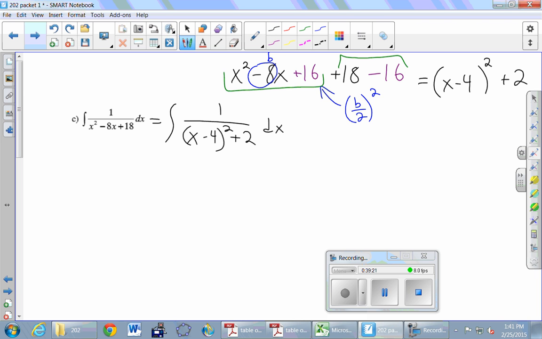And then we're going to do a u substitution. This will be a very easy u substitution. We're going to let u equal the x minus 4 in the parentheses. What's du? Just dx.